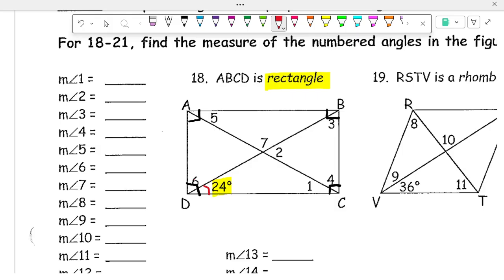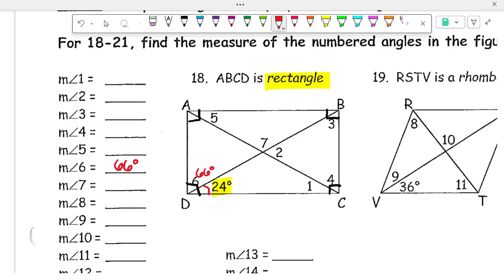How would I find 6? 90 minus 24. And that would be 66. So angle 6 is 66 degrees. I'm going to mark it on the picture because it may help me later.